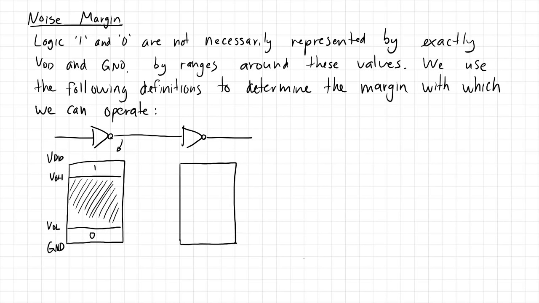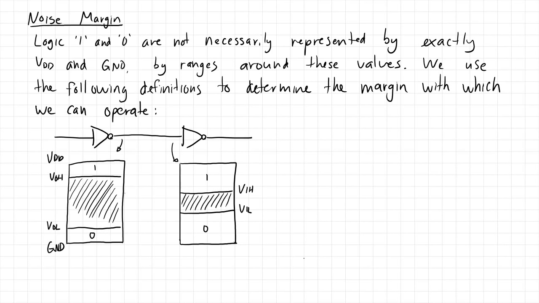Okay, now in this case for the input, we're going to make it a little bit more generous. We're going to say this is the no man's land for the input into this inverter. And we want to make sure that the input is at least higher than VIH, or V input high, in order to represent a logic 1, or lower than VIL in order to represent a logic 0.